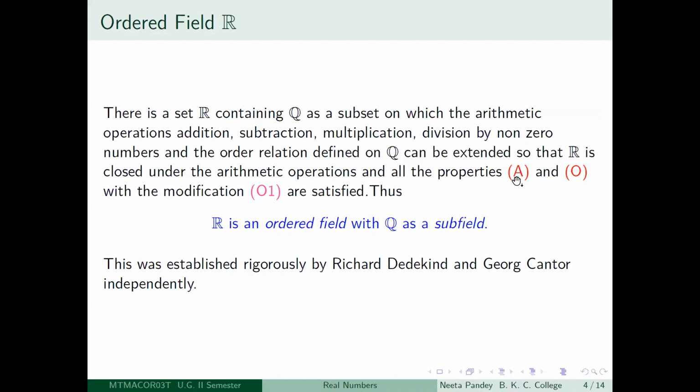And there is this compatibility with addition and multiplication, that is, if a is less than b, then if you add any other number c, a plus c will be less than b plus c, and if you multiply with any positive number c, then ac will still be less than bc. So all these things will still be satisfied by R. In algebra, this whole paragraph can be expressed as: R is an ordered field with Q as a subfield.